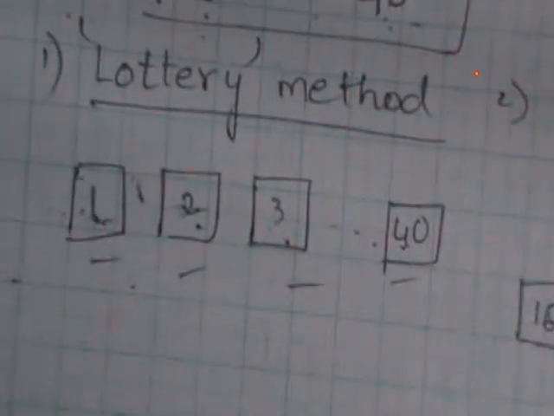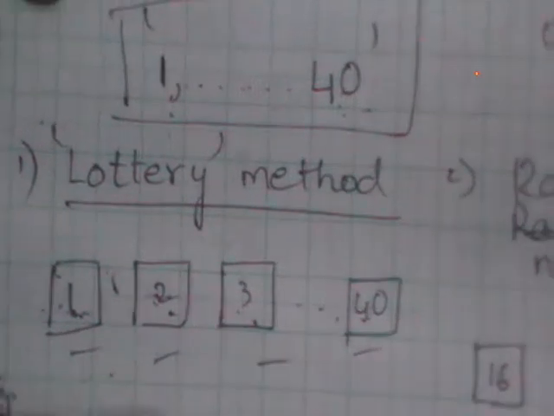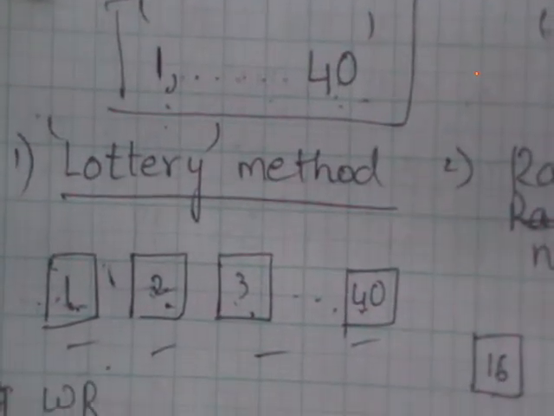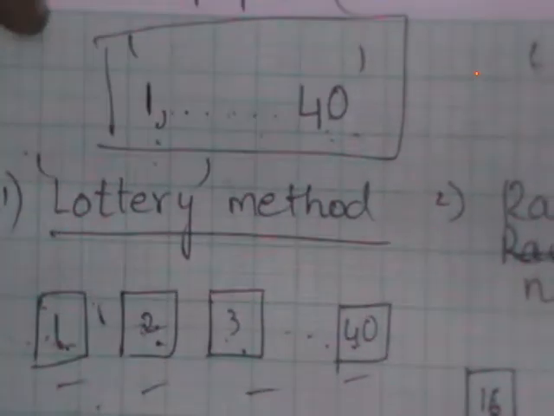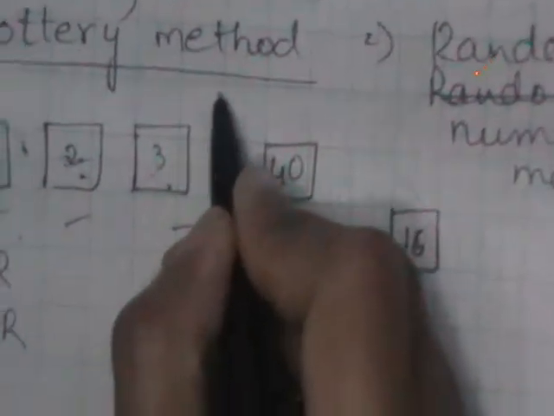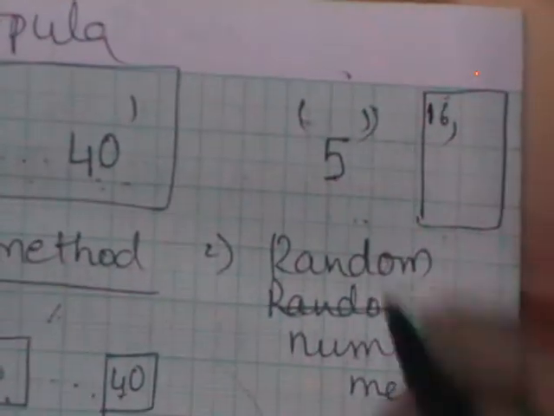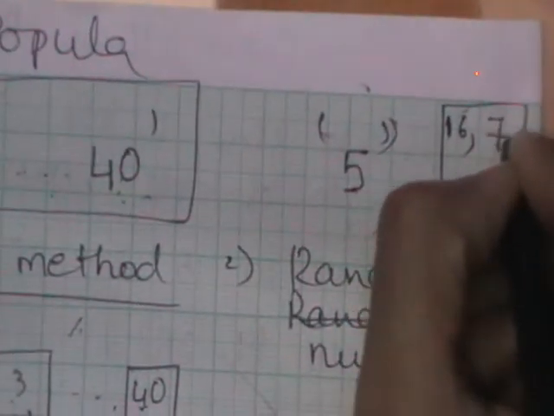This is the first sample unit. Now you have two methods: with replacement and without replacement. Under with replacement, I replace this 16 and you can select another one. You take out another strip, let it be 7. Then roll number 7 is to be included in the sample.